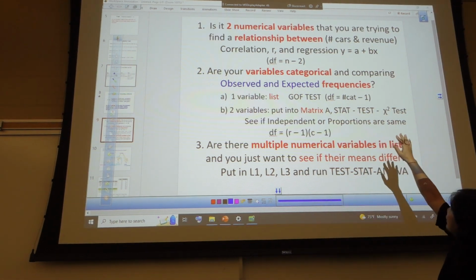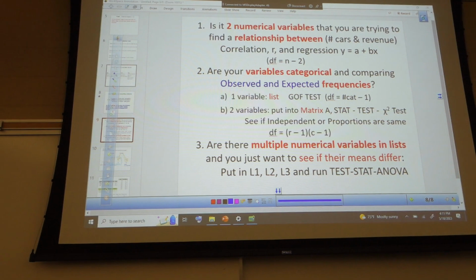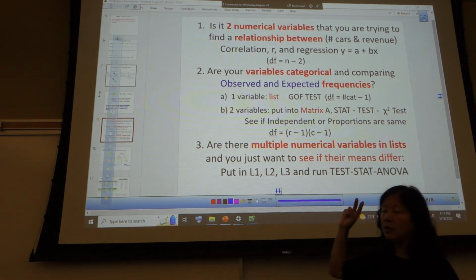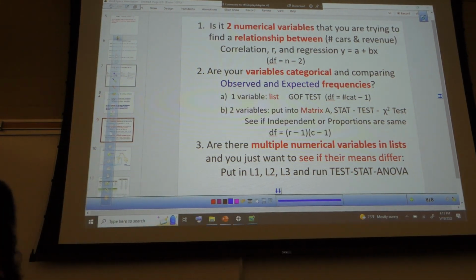So what you know about them are numbers, like for example, the number of cars a dealership has and their revenue for the year. Those are numbers. That's going to be two numerical variables. That's linear regression. Correlation, linear regression. So it's going to be linear regression, chapter 10.